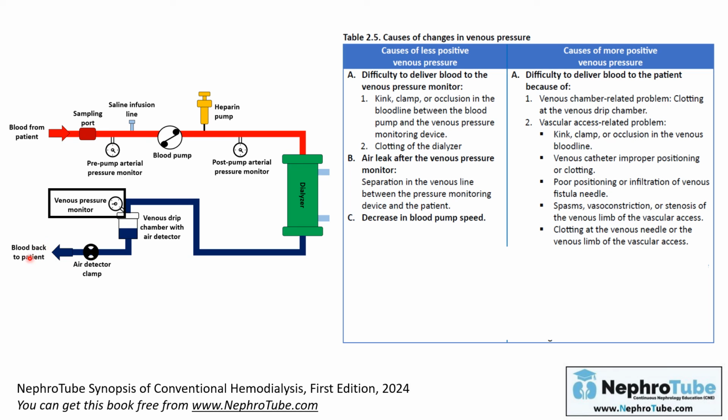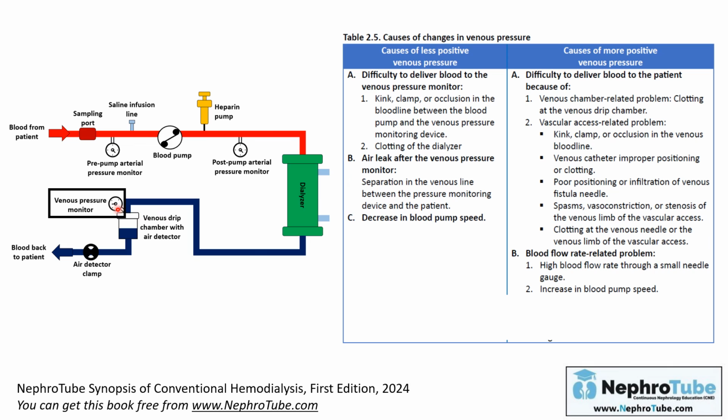I mean the factors related to the vascular access: any poor positioning in the vascular access, any kinking in the vascular access or the blood line here after the pressure monitor, any spasm or vasoconstriction in the vascular access. All of these will lead to resistance to the blood returning to the patient, causing a high pressure in the venous pressure monitor and also a high pressure in the post-pump arterial pressure monitor.